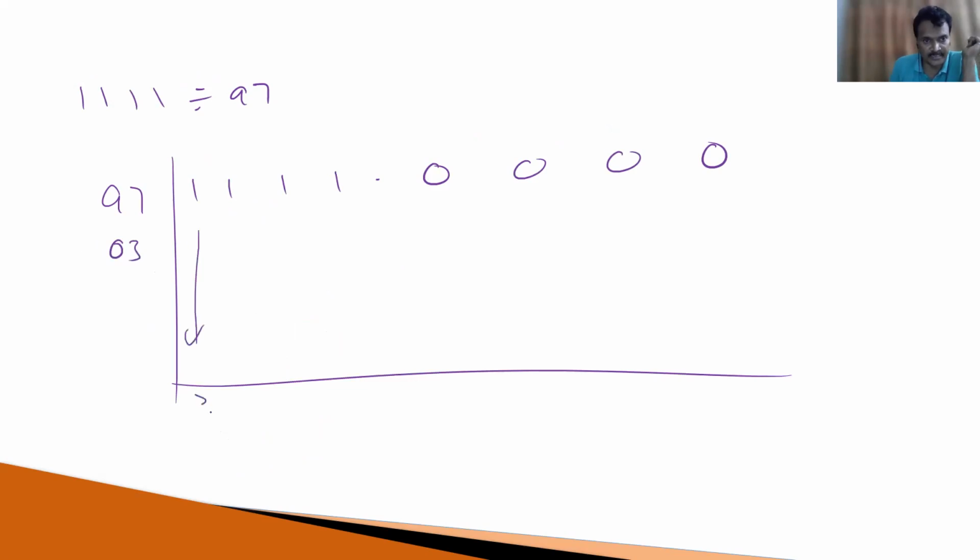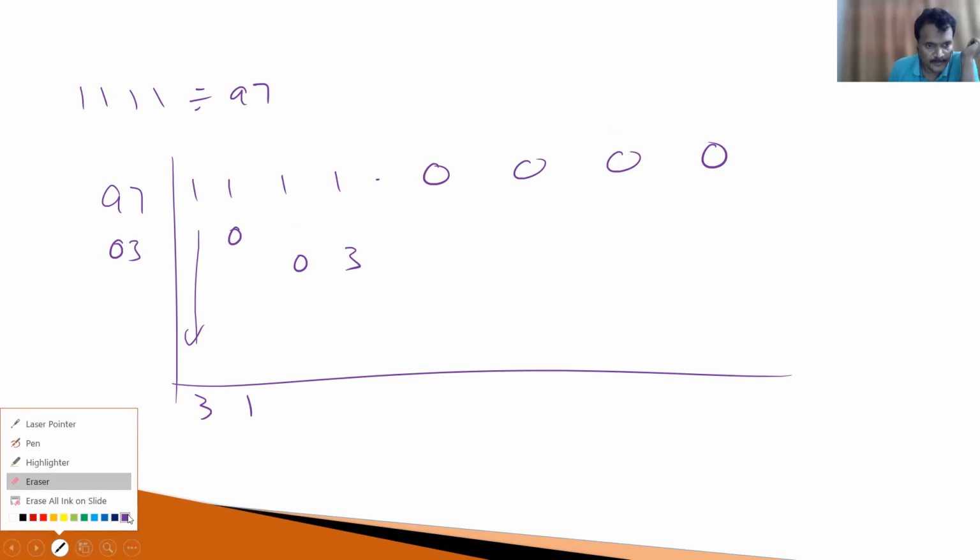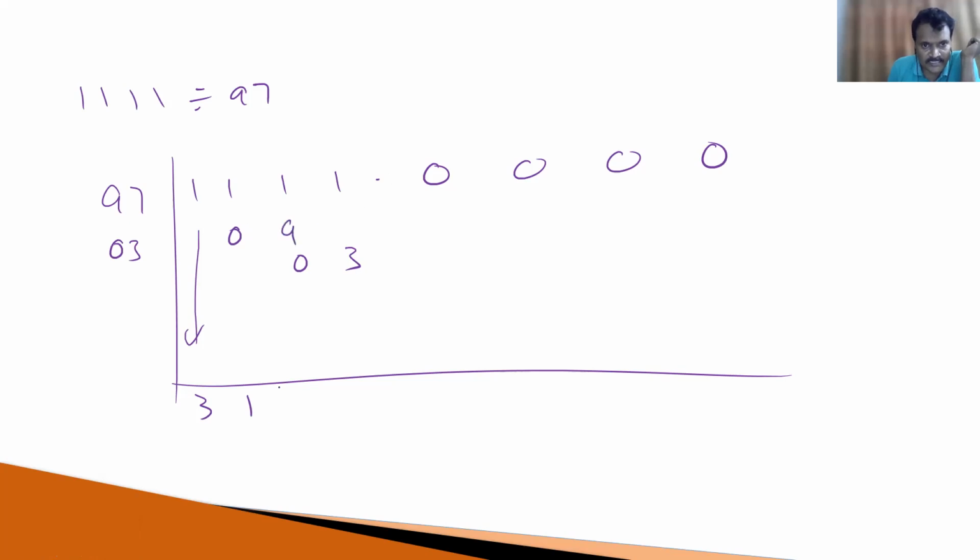Now straight away write down 3. 3 into 0, 0. 3 into 1, 3. 1 plus 0, 1. 1 into 0, 0. 1 into 3, 3. Sir, for the first, we write down 1. 3 times, that is equal to 9. Not that one, for the first part of the problem. Okay, this is 1.